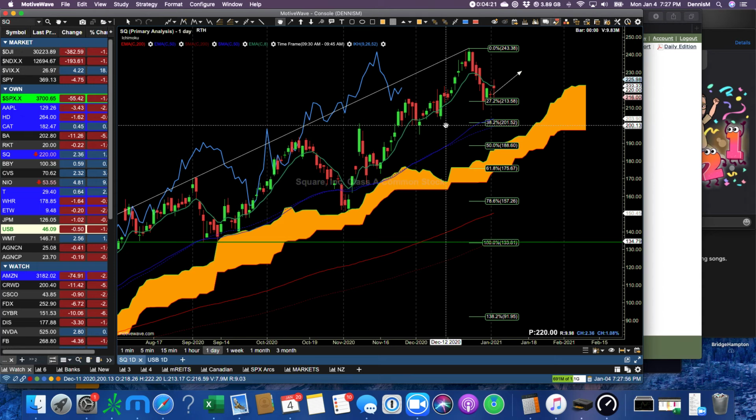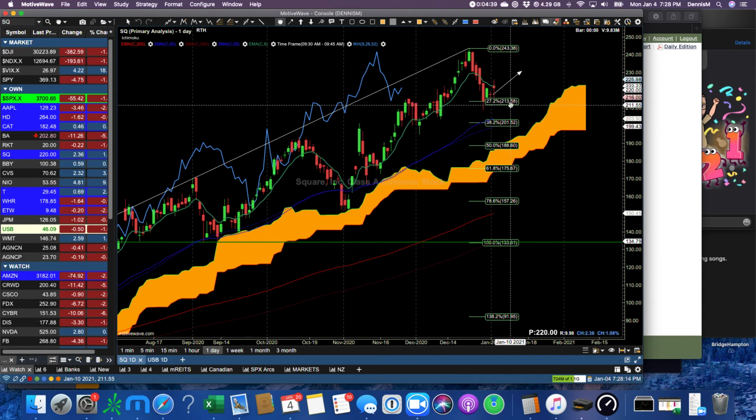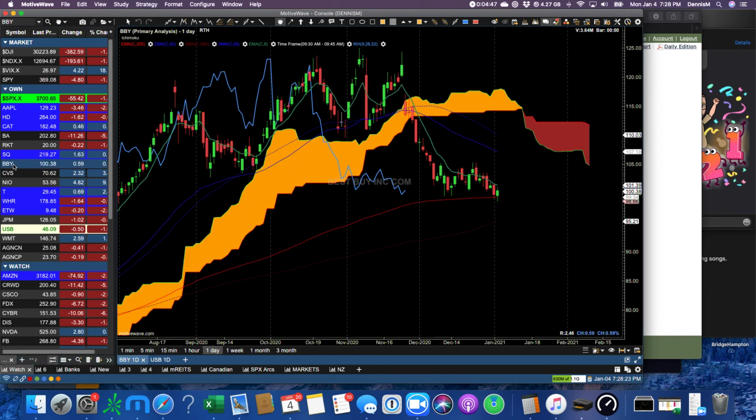So that's how I'm making money on Square every week, by just selling, rolling the original calls that I had, 240, 242.5, and 250. 250 is the February one that I now hold. The others are now the January the 15th. But Square did get that bounce off the 27.2 and just finished below the 8 EMA. So that's pretty nice. BBY now finds its support at the 200.